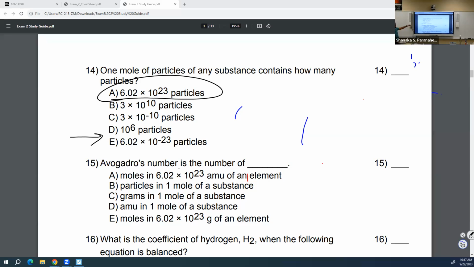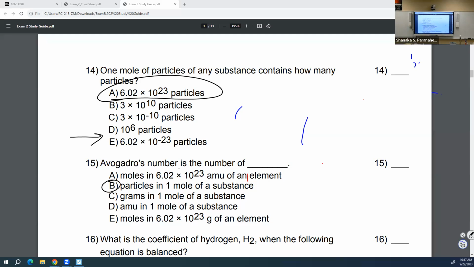And again, next one, same question from a different direction. Avogadro's number is the number of particles in 1 mole of a substance. So let's go to the next question.